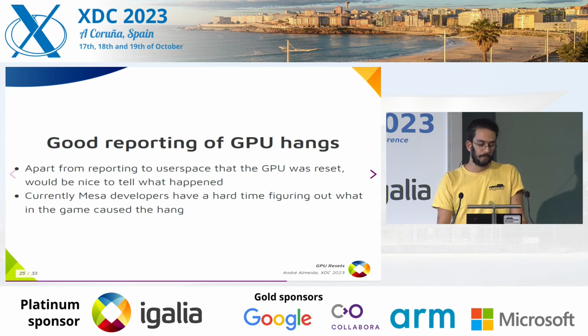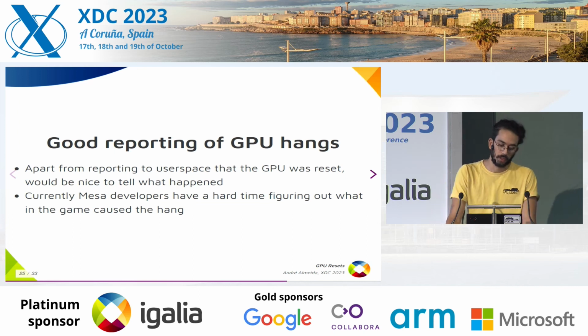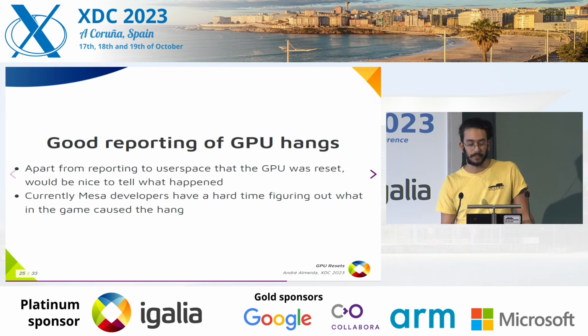And I mean, it's hard to tell what happened there. And sometimes even, this game crashed here after 20 hours of playing. So you're like, how can I reproduce this? So it would be very useful for driver developers if they had more information on what hung the GPU in the first place. So yeah, they have a hard time figuring out what happened.